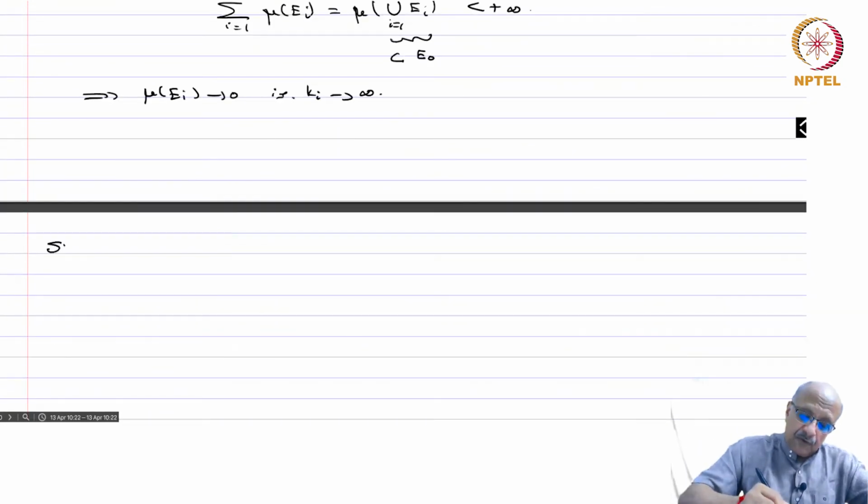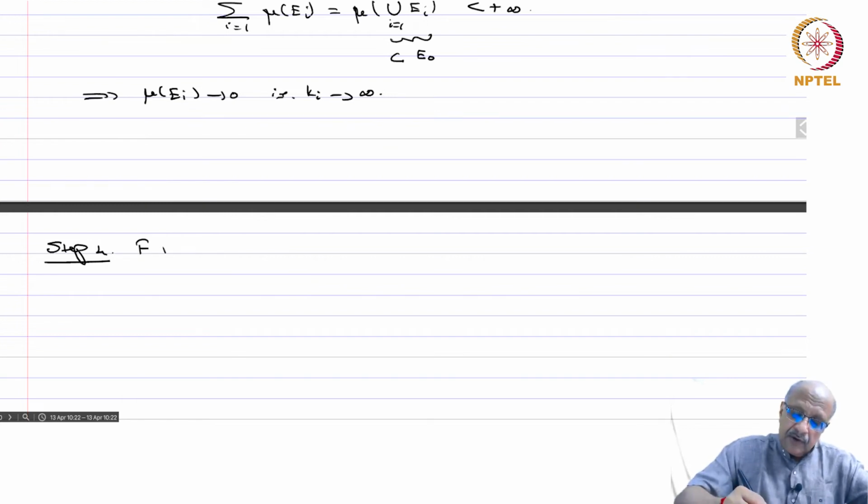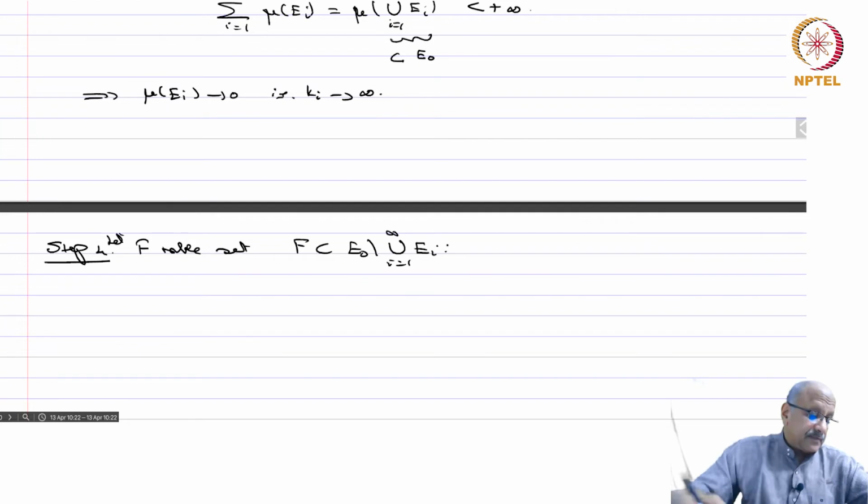Now step 4. Let F be a measurable set contained in E naught minus the union i equals 1 to infinity of Ei. Then this implies that mu of F is less than or equal to 0.